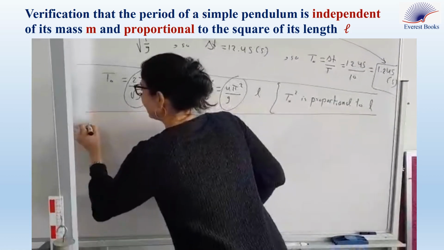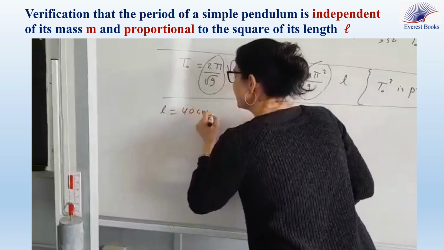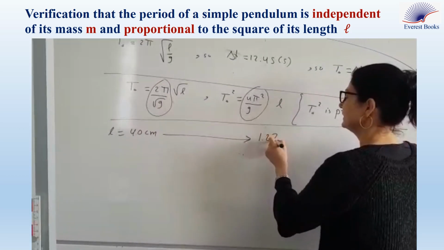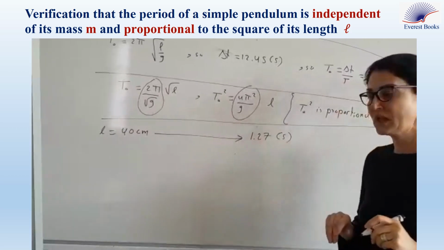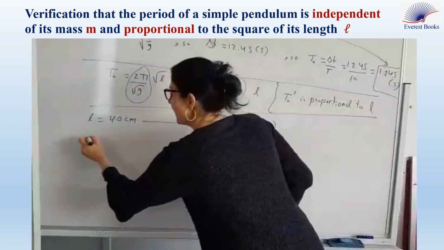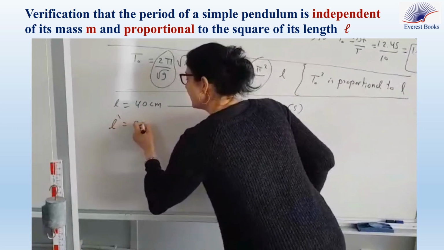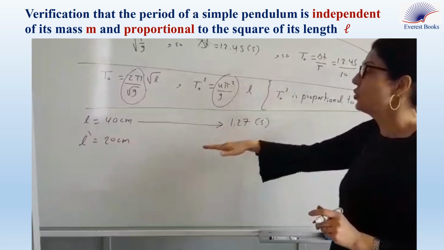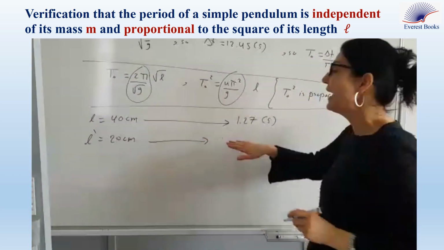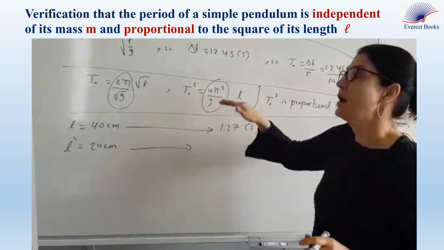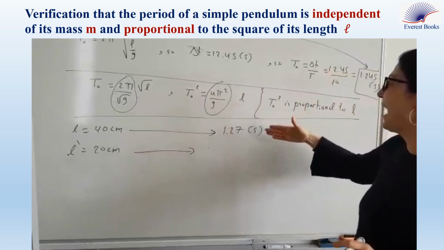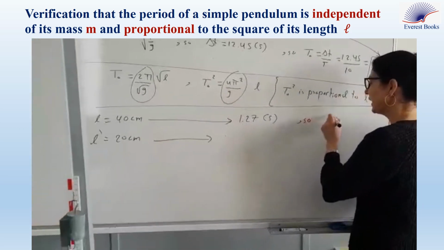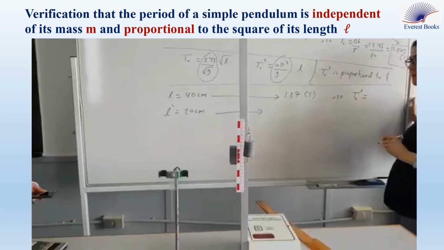Now, the length of our chord is 40 centimeters, and with this length we have this natural period. Now, I will replace the chord by another one having half the initial length. So, the square of the new period must be half the square of the initial period. Lynn, give me the square of the initial period.